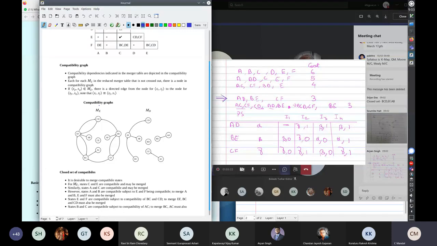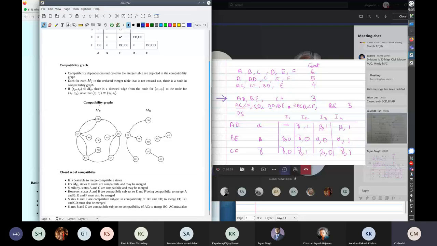So if you take AC, you got to take CF, of course. And then BD is standalone, and then you're taking just E. So that's an option. And the other one that you have done is AD, BE, and CF. So let us see.